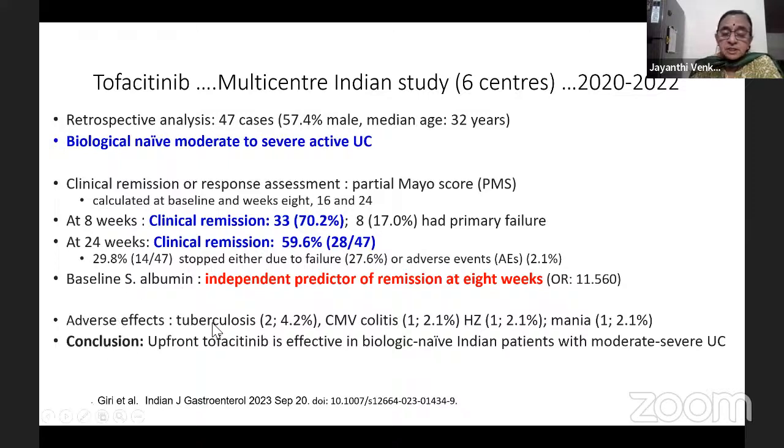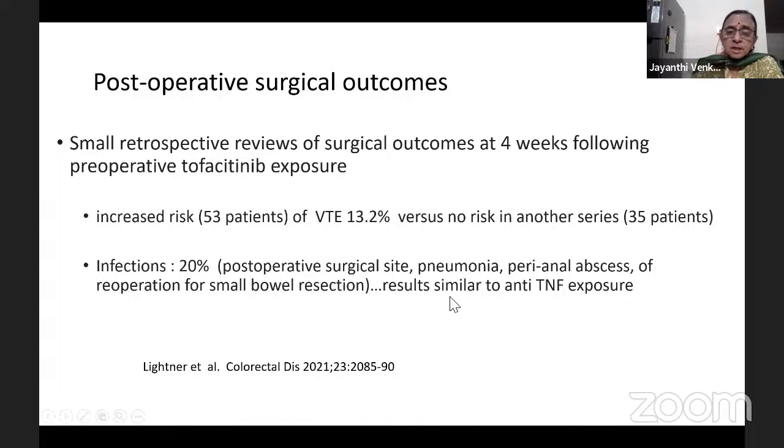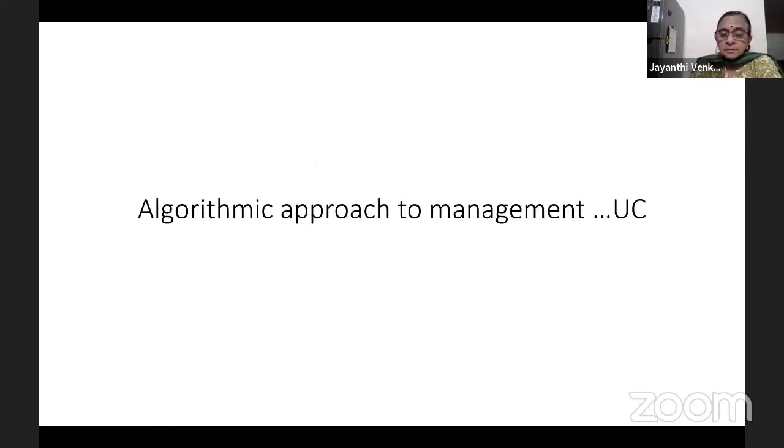Adverse effects in this particular study were essentially tuberculosis and CMV colitis, all less than 2%, herpes zoster, and mania. There was one other study which looked into the post-surgical outcomes in patients who were on tofacitinib, and they did find that a small percentage did have venous thromboembolism as well as post-surgical infections.